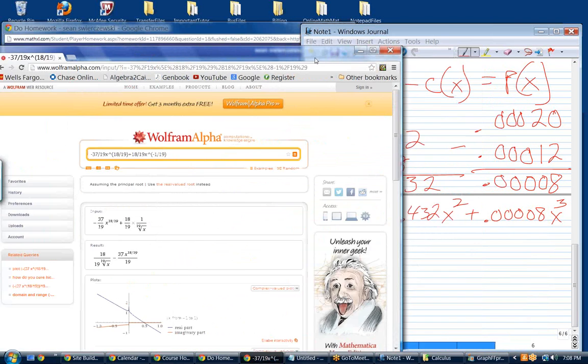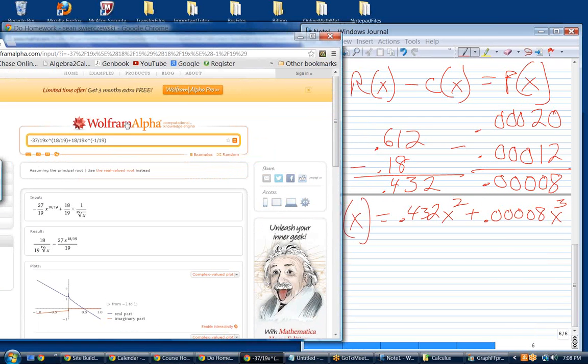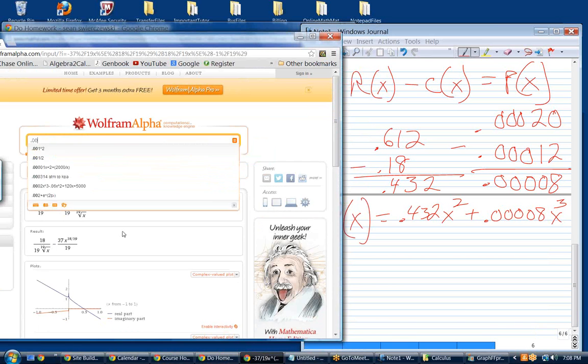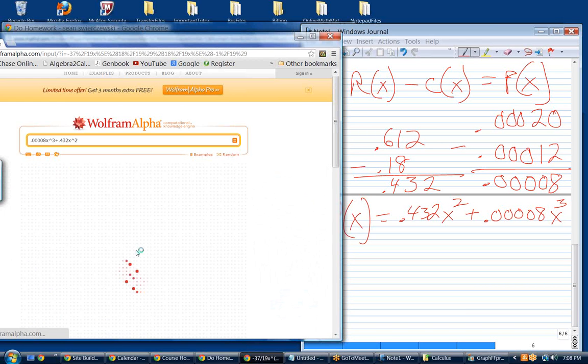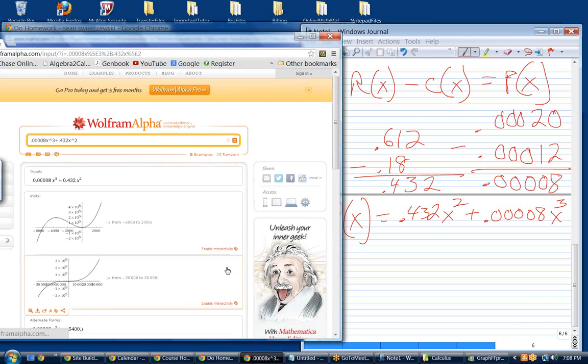And we don't want to take the derivative of this because this is the profit function. So this is 0.12348x cubed plus 0.432x squared. Okay.